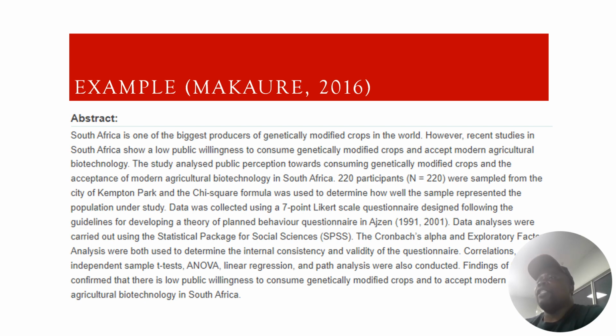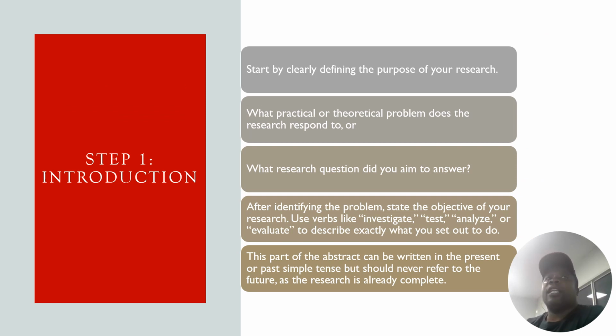Then from there we jump to the method that was used: how many people were sampled, how they were sampled, how the questionnaire was developed, how data was analyzed, and the packages that were used to analyze data. And then we go on to the finding. What was the finding? And what you don't see here is the discussion, as I have been saying. So let's quickly go through the points one by one.